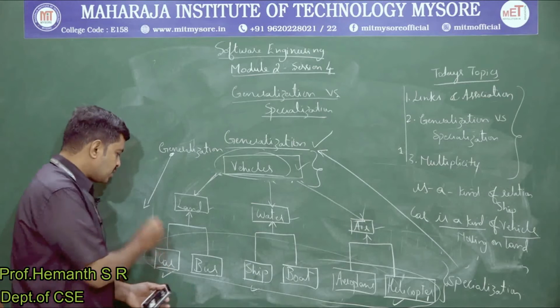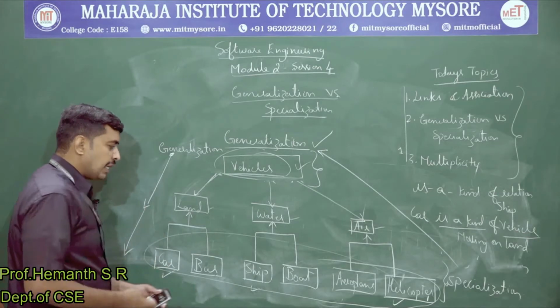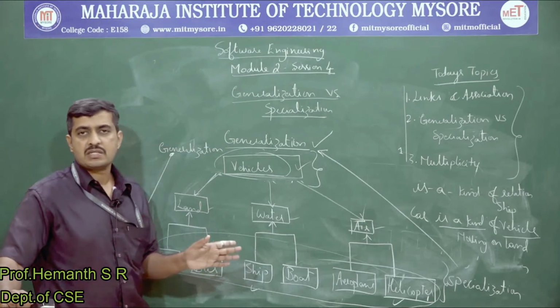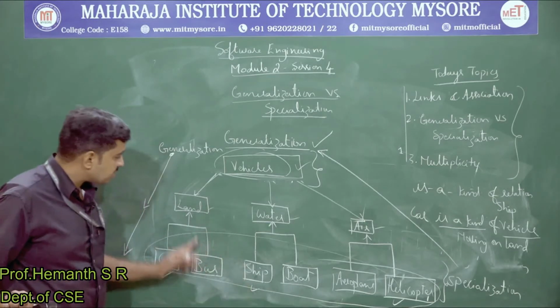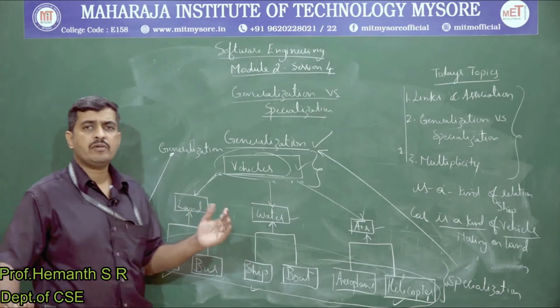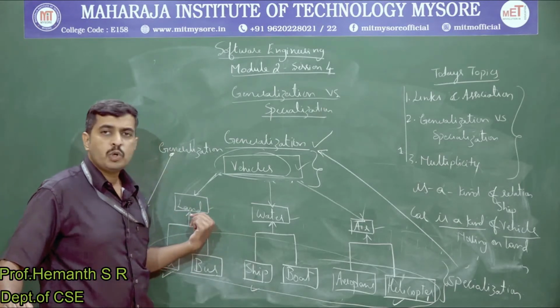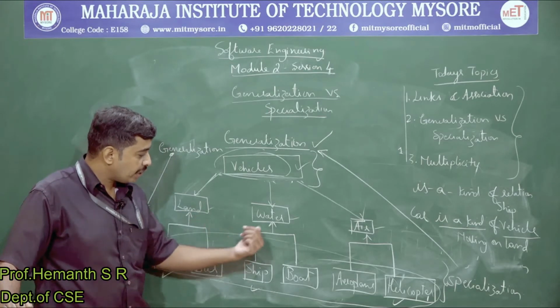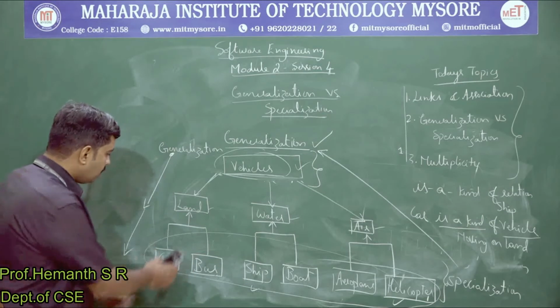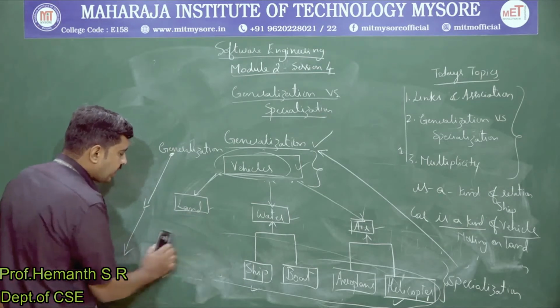Now, can I take this to the next level? Can I identify a few more subclasses which are specializations of this class? For example, can I identify different types of vehicles which move on land? Can I identify different types of vehicles which move in water? Yes, definitely I can do. So the same has been indicated here.